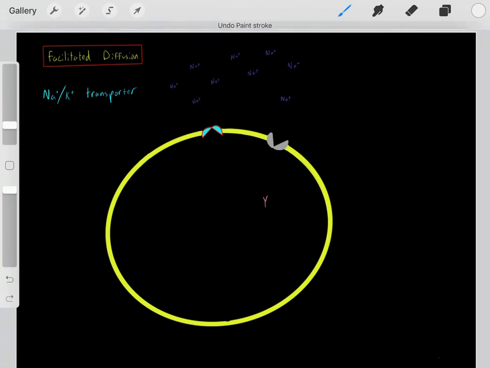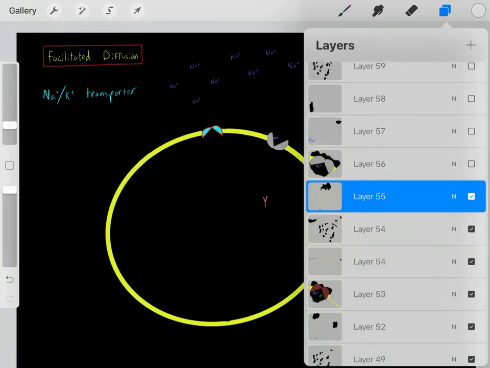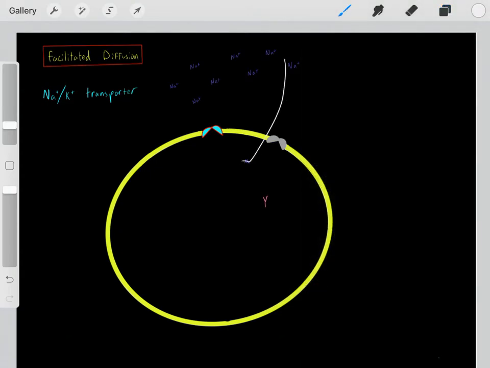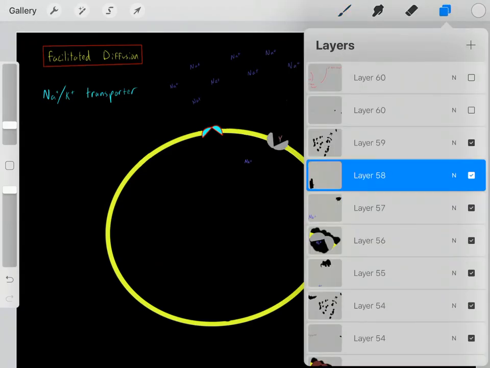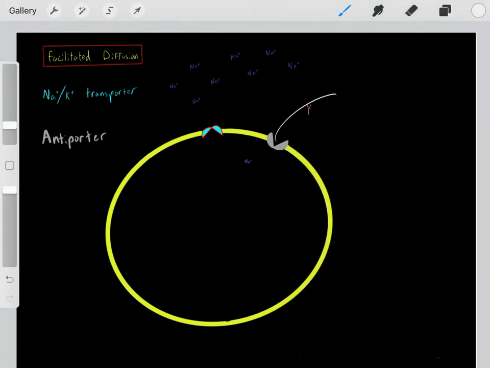So first the sodium will bind. Then the transporter will go through a conformational change. Now the sodium will enter. So the sodium has entered. Now the compound Y can bind. Now it goes through a conformational change, and now the Y leaves. So we were using that energy of the sodium entering to push this Y out.